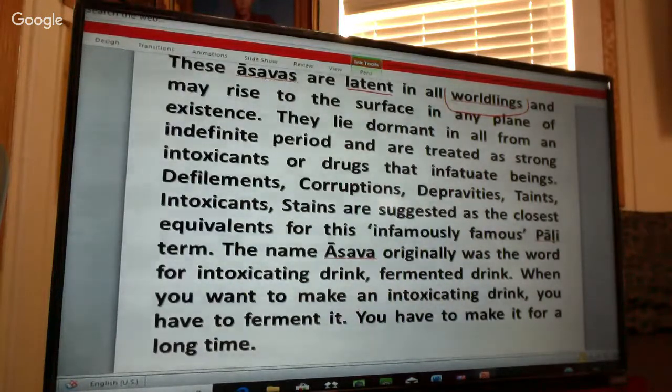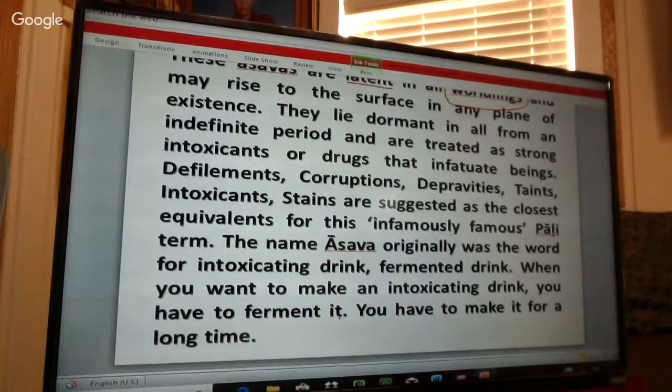Like this, in our stream of mind, there are four kinds of fermentation: kamasava, bhavasava, ditthasava, and avijjasava. For a long time in the samsara realm of rebirth, the Buddha said. That's why it is not easy to remove them, not very easy. They have been in our stream of mind for a very long time.